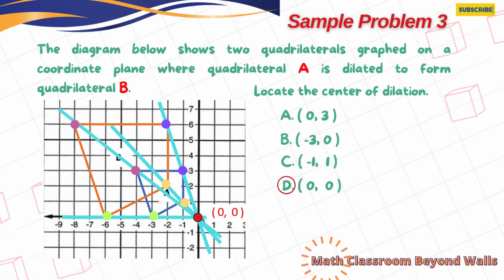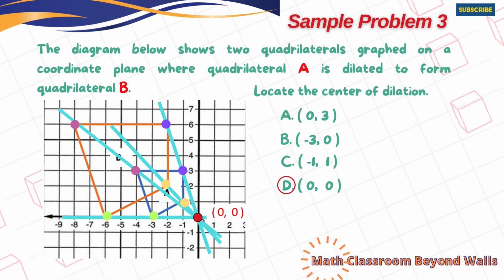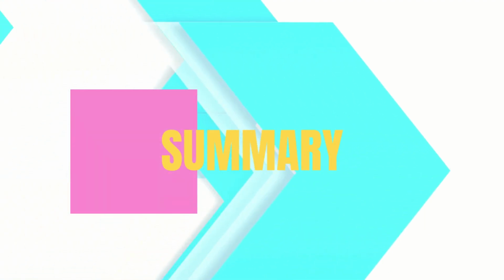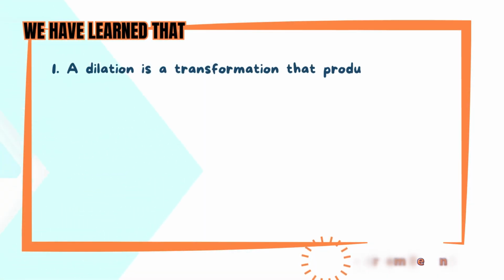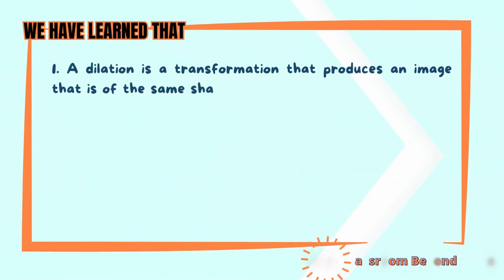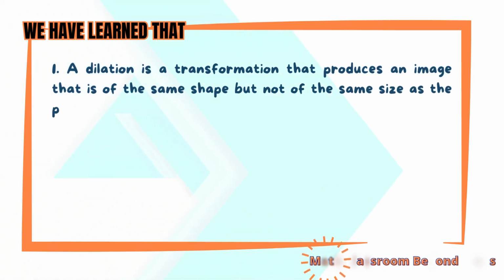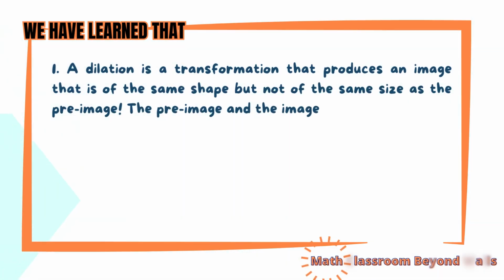I hope you acquired lots of learnings in today's video. Let us summarize what we have learned in today's video. We have learned that, first, a dilation is a transformation that produces an image that is of the same shape but not of the same size as the preimage. The preimage and the image are similar.